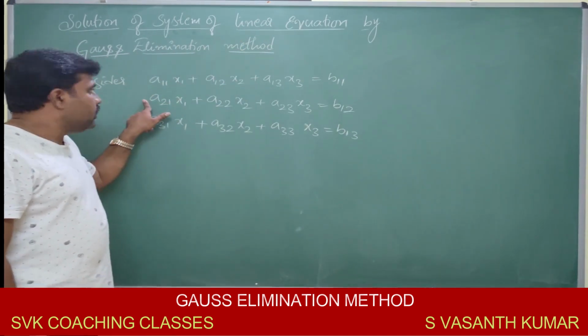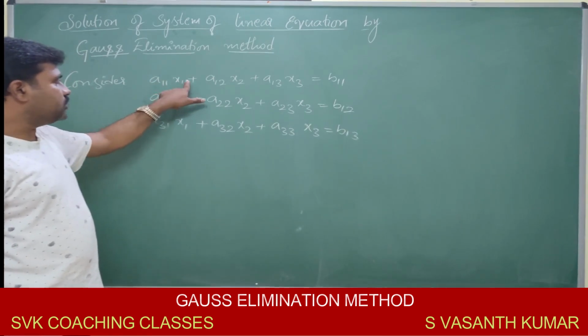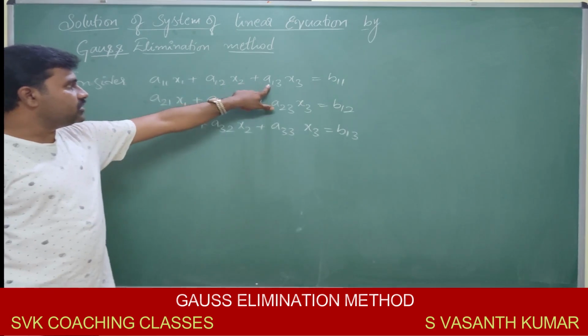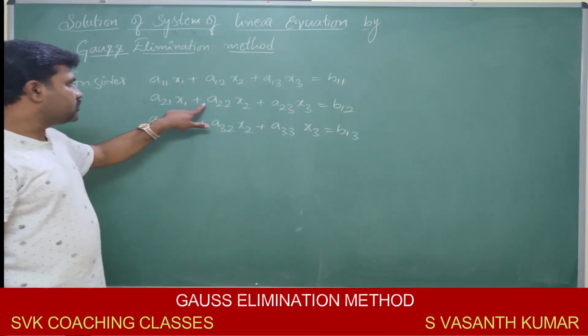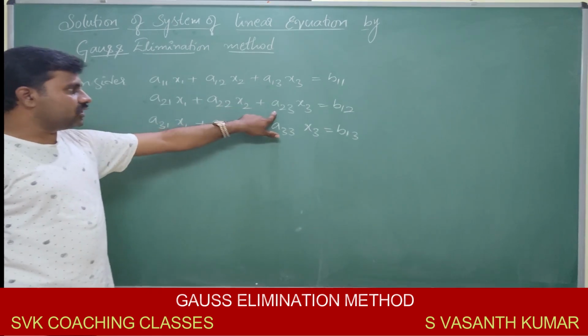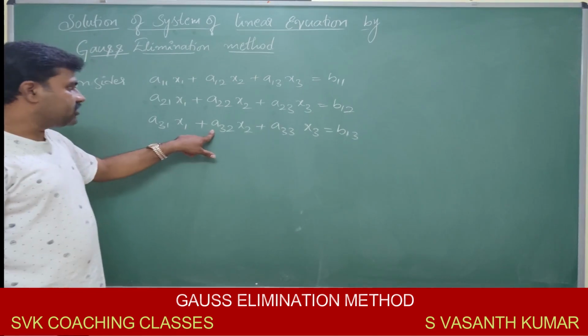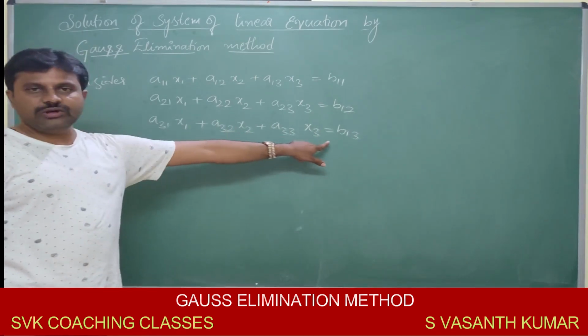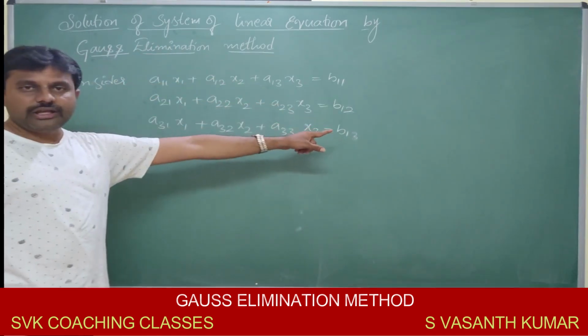So consider a system of equations: a11x1 plus a12x2 plus a13x3 equal to b1, a21x1 plus a22x2 plus a23x3 equal to b2, a31x1 plus a32x2 plus a33x3 equal to b3, which is nothing but a system of linear equations.